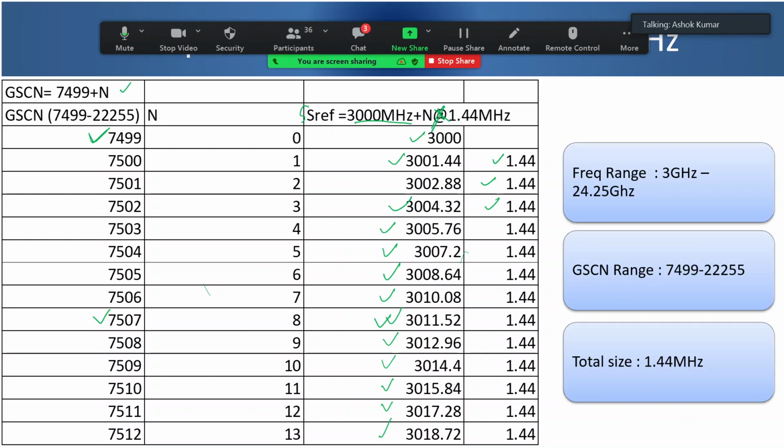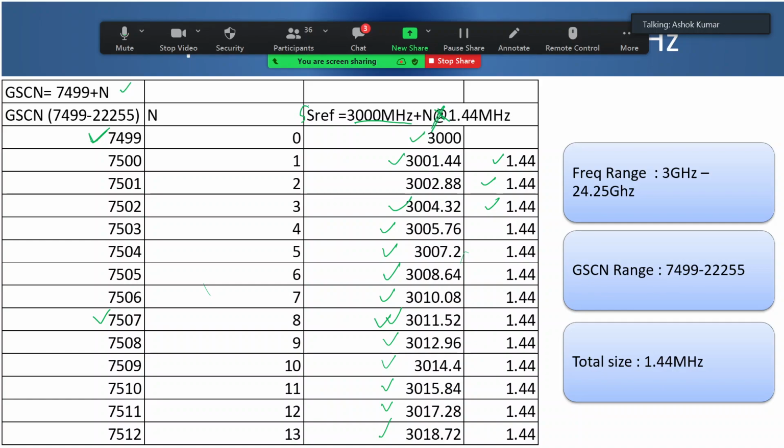I'll tell you one example. When NSA mode is working, that means you have a 4G core and only the radio is 5G. In that case, all the synchronization happens only for the 4G base stations. All the initial access is through the 4G. Once it is latched to the 4G base station, and the 4G base station knows that this device is capable of doing 5G and there is an NR base station available, the 4G base station knows the synchronization frequencies.